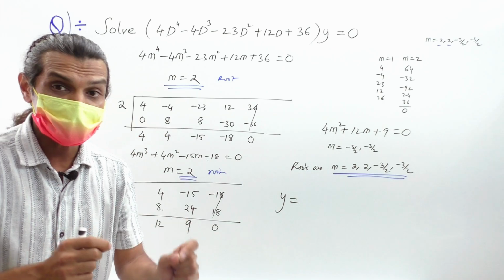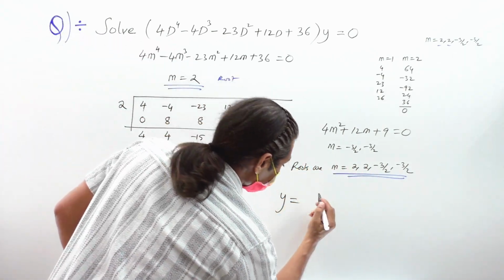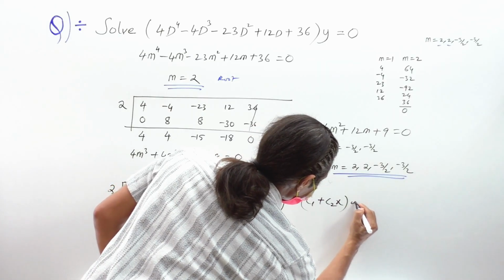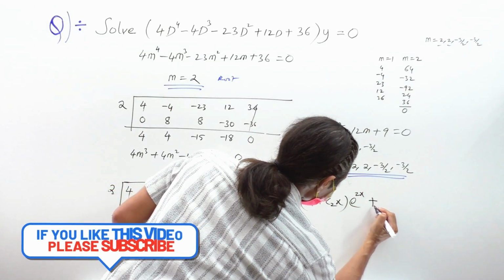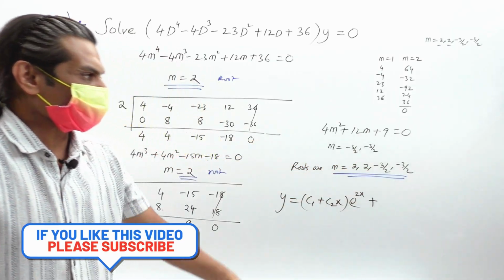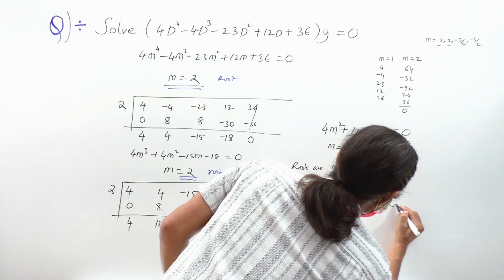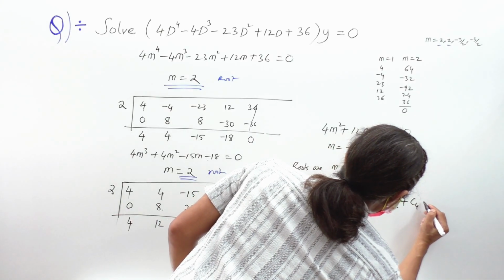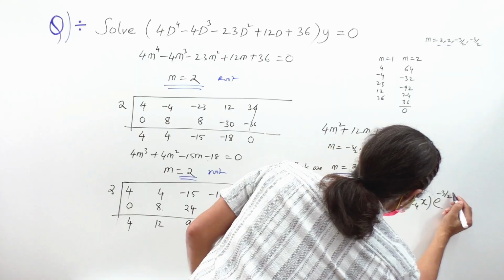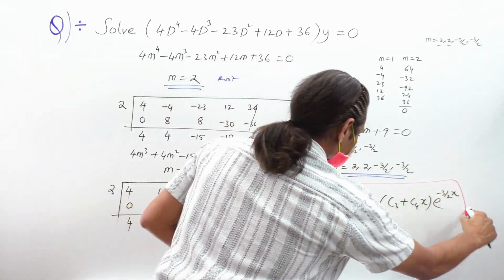If the roots are same, the complementary function for this 2 and 2 is written as (c1 plus c2 x) whole bracket e raised to 2x. Again we are having the same repeated roots here, minus 3 by 2 comma minus 3 by 2, so again (c3 plus c4 x) whole into e raised to, what is the root, minus 3 by 2 x. That's it. This is the final solution.